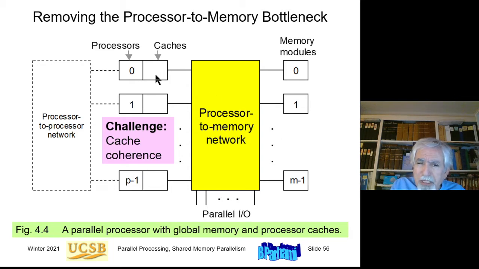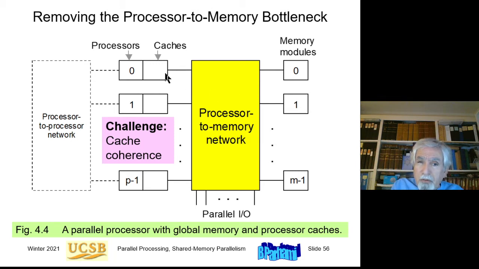And in 5% of the cases, traffic is generated through the network and memory is accessed. So this basically, if it works, allows us to use more processors without saturating the network or making it a bottleneck.